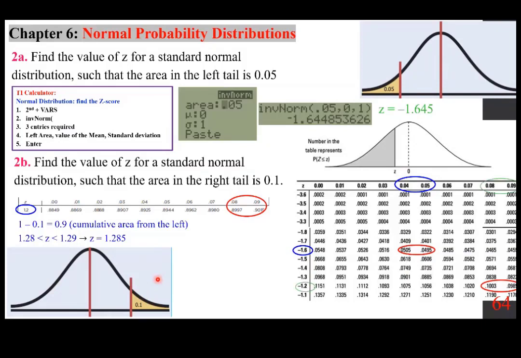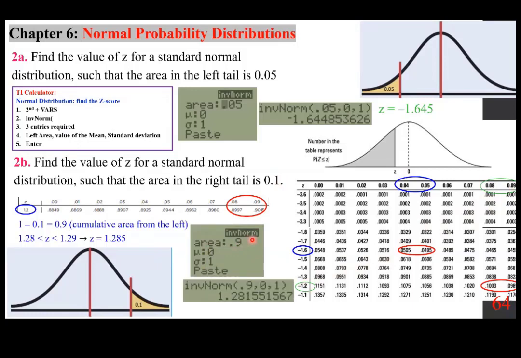So we end up with -1.28, -1.29, and we negate that, we make it positive. So, of course, you can use technology. Make sure you put the area as 1 minus 0.9, and that's extremely important to be careful of, giving us the answer again with a lot more decimals.